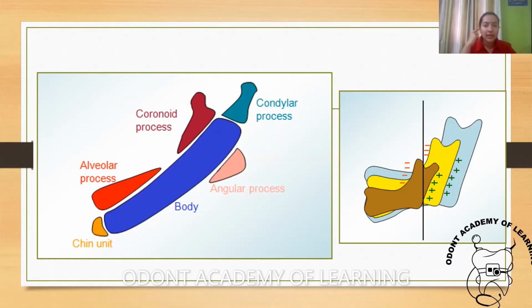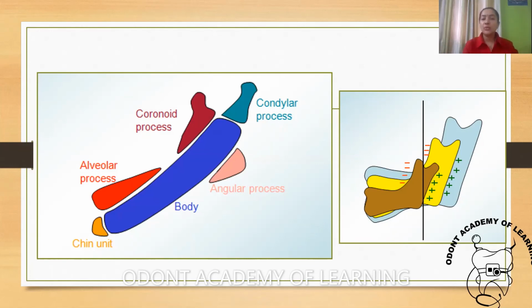Your condyle, coronoid, ramus, angle, and body all become your microskeletal units. This is exactly where the mandible is growing. It grows as a whole structure, but there are minor and smaller parts present in the mandible which help it grow.